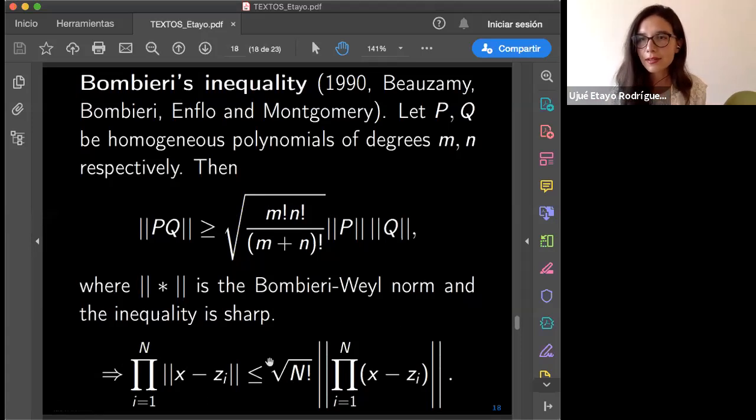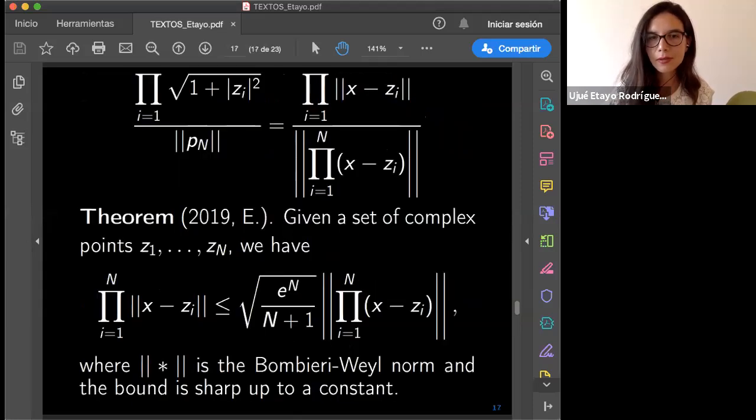And this was the best result known to date for the comparison of the product of the norms of some monomials and the norm of the product of the monomials. Here you see it has exponential growth, like n to the power n. And so this new result gives us the correct order of growth of such an inequality.